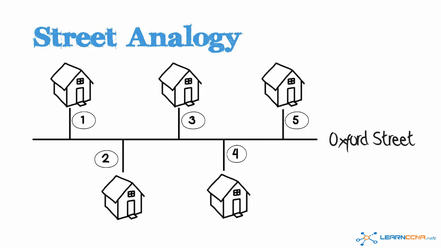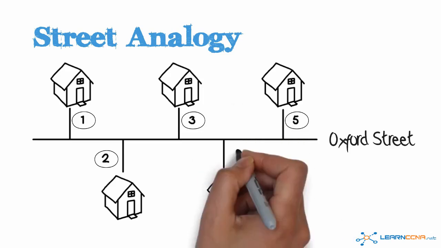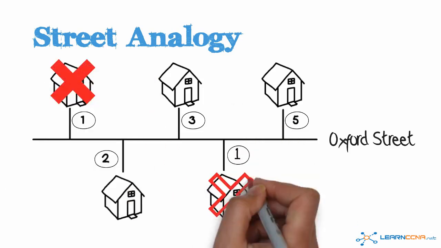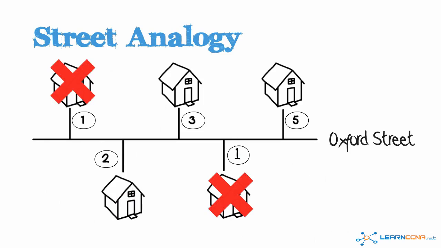Each house number uniquely identifies that specific house on this street. Now, you wouldn't have 2 houses with the same number on the same street. That would be very confusing, because perhaps you want to meet your friends, the Joneses, at number 1 Oxford Street. But you may end up spending your day with a totally different group of people if you have 2 houses with the same number.